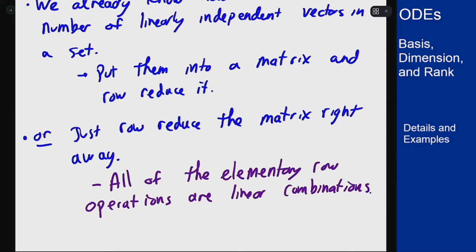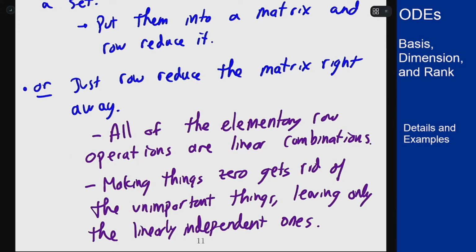And the goal of row reduction is to make as many things zero as possible. By making as many things zero as possible, you're really funneling down to which ones are important, which ones are linearly independent. So in that case, we could also get this rank, or figure out how many linearly independent rows there are, just taking our matrix at the beginning and row reducing it.